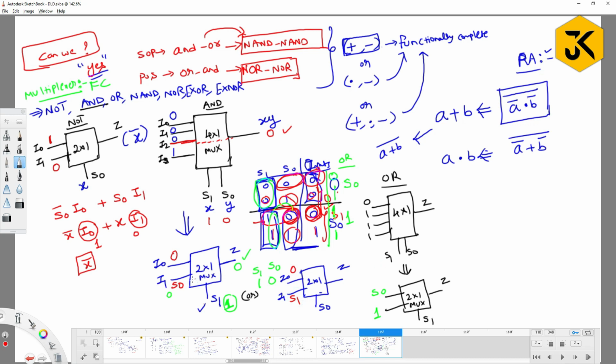Similarly, these two are now equivalent. This one and this one are equivalent. Is it okay? Yes. Now, can you define the equivalent for this 2/1 MUX OR gate? Can I write this is S1, this is 1, this is S0, according to the previous and another kind of multiplexer.